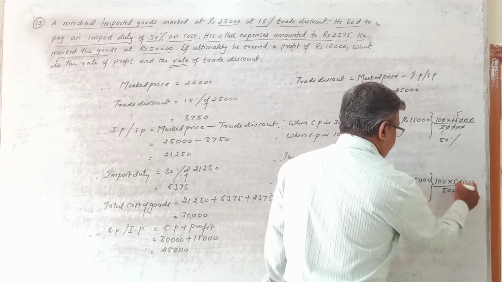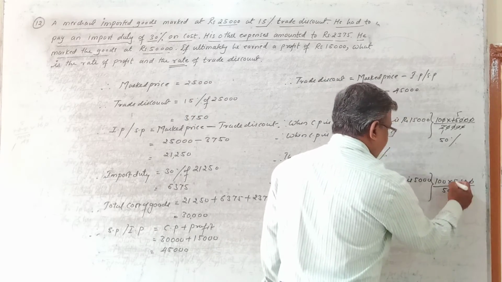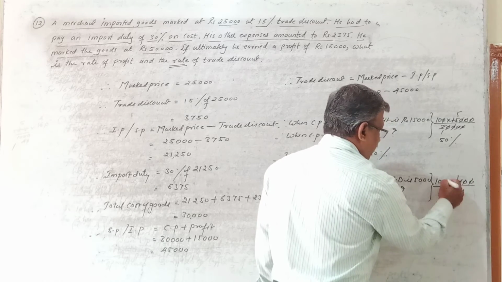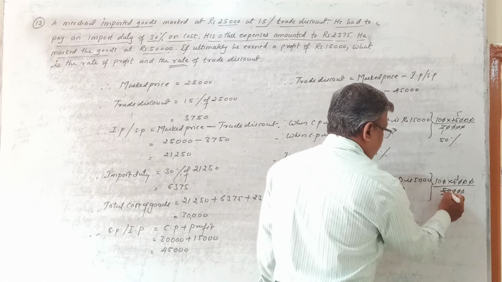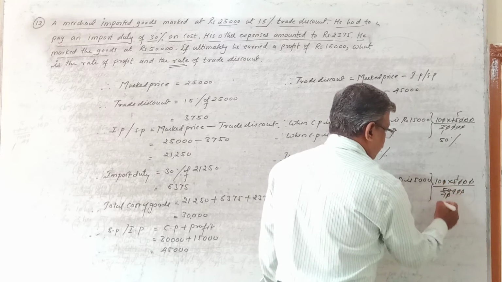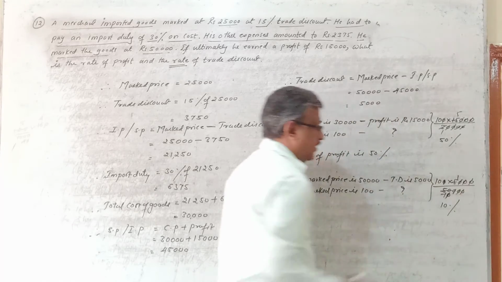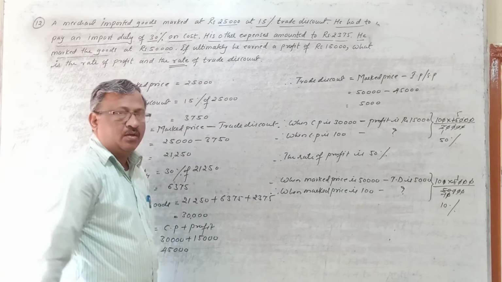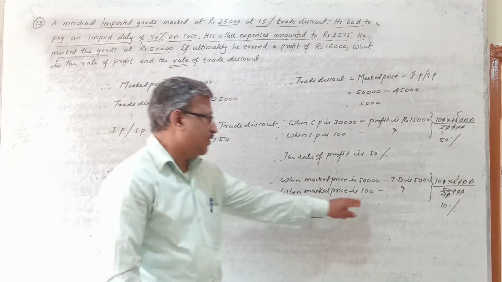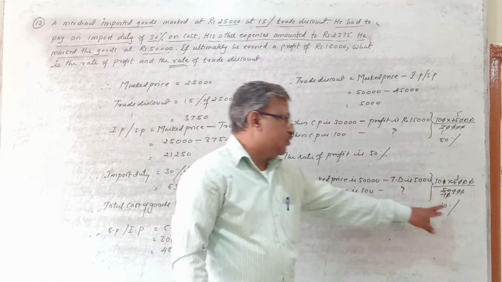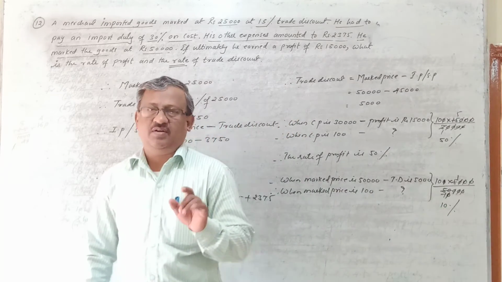Multiply and divide. Here the common 3 zeros get cancelled, 5 1 side is 5, and this 1 0 gets cancelled. So it comes to 10%. So the rate of trade discount is 10%. Means if your marked price is 100 rupees, you will get only 10 rupees discount.